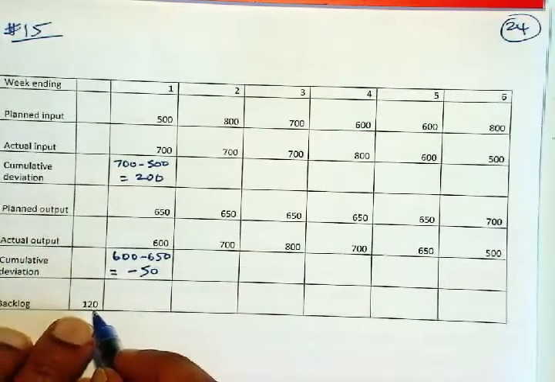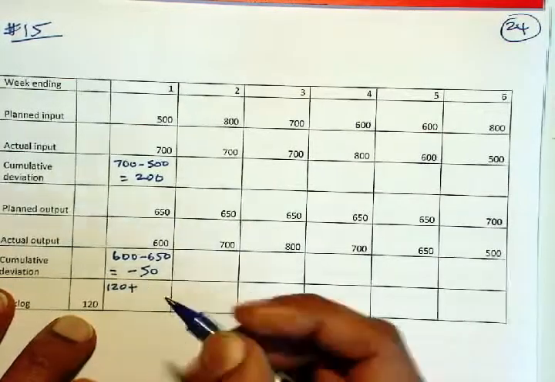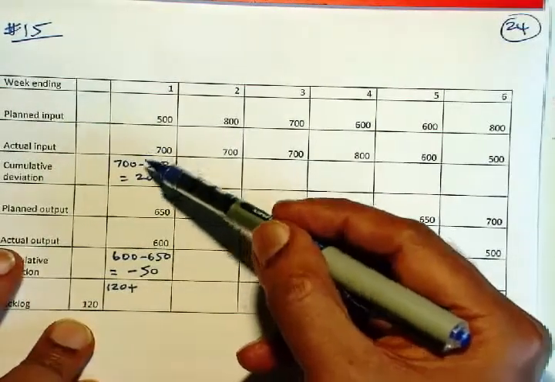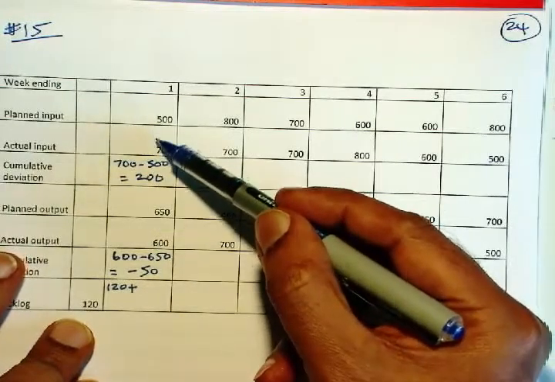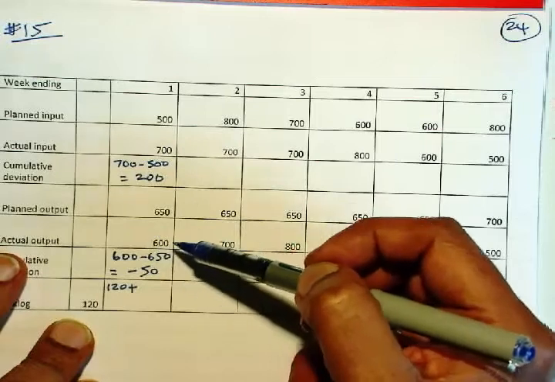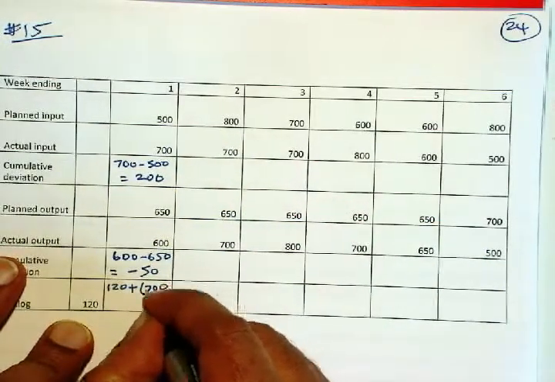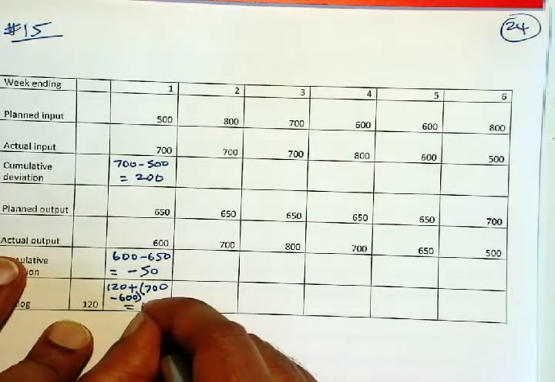And the backlog is always the previous backlog plus, you have to use the actuals. So the actual input minus actual output. So it should be 700 minus 600. So that will give you 220.